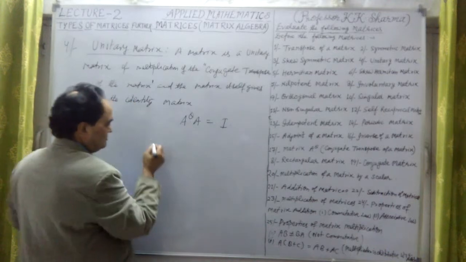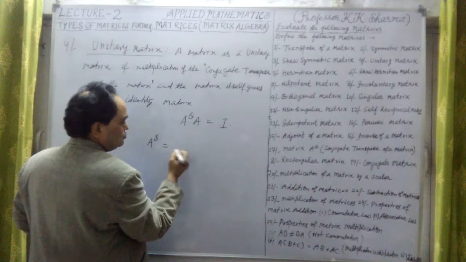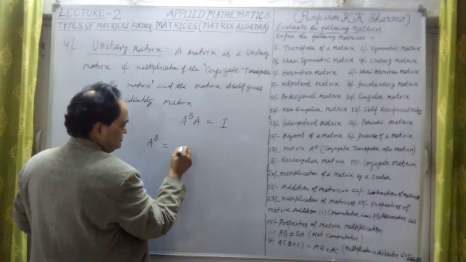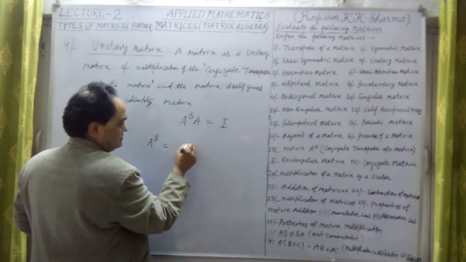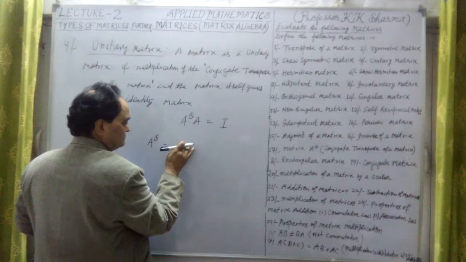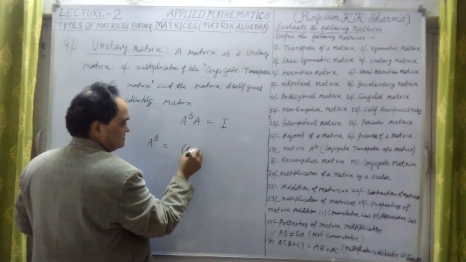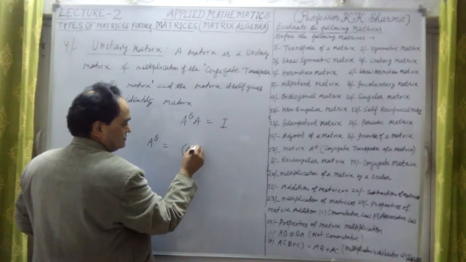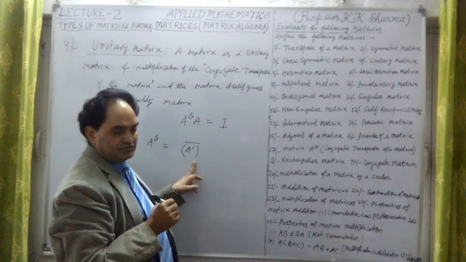Let me write here, what is A theta? A theta is the conjugate transpose. First I find A transpose, then I take the conjugate. A transpose, whole conjugate. This is the A theta matrix.